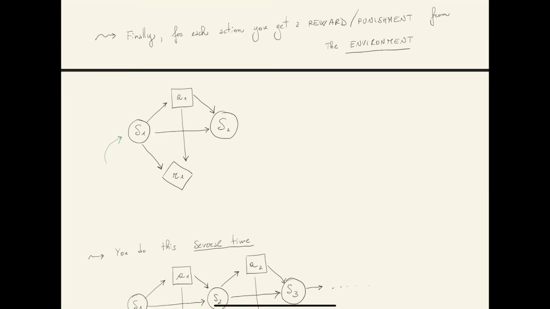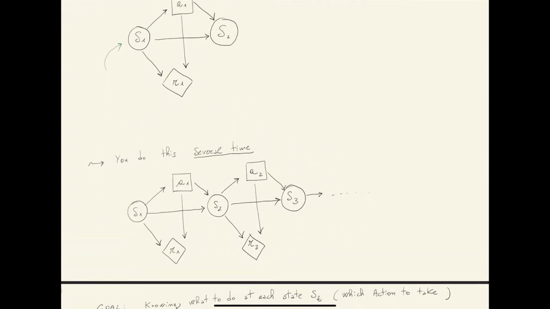We end up in S2, and as a result of us taking the action A1, given the state that we were in, S1, we get a reward, which can be positive or negative, so it's a reward or a punishment, which I called R1 in this little graph here. And then we do this over and over again. So our process looks like this.